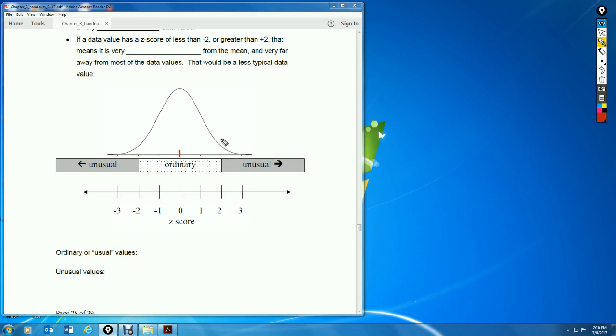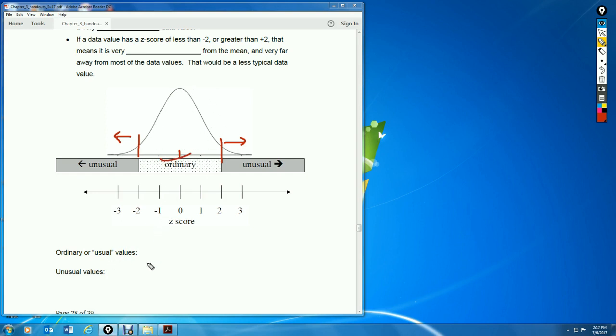However, if you're out here, if you're greater than a z-score of 2, or if you're less than a z-score of -2, then you're very far away. Look, there's just a little data down here. There's just a little data up here. Most of the data is here. Okay, that's the ordinary or the usual data.